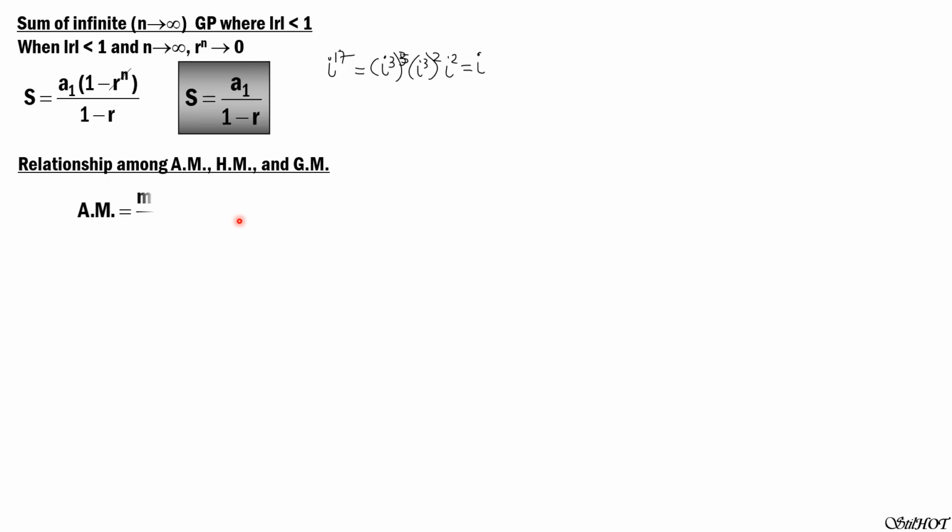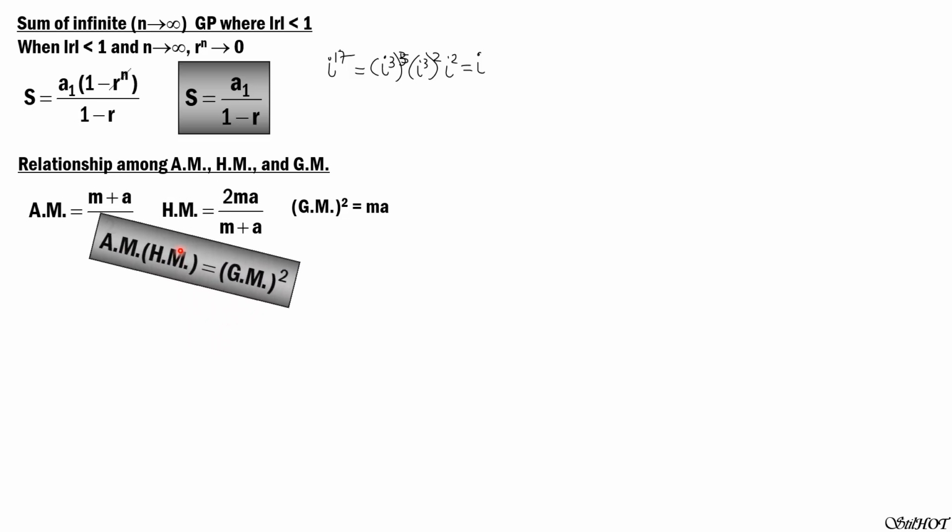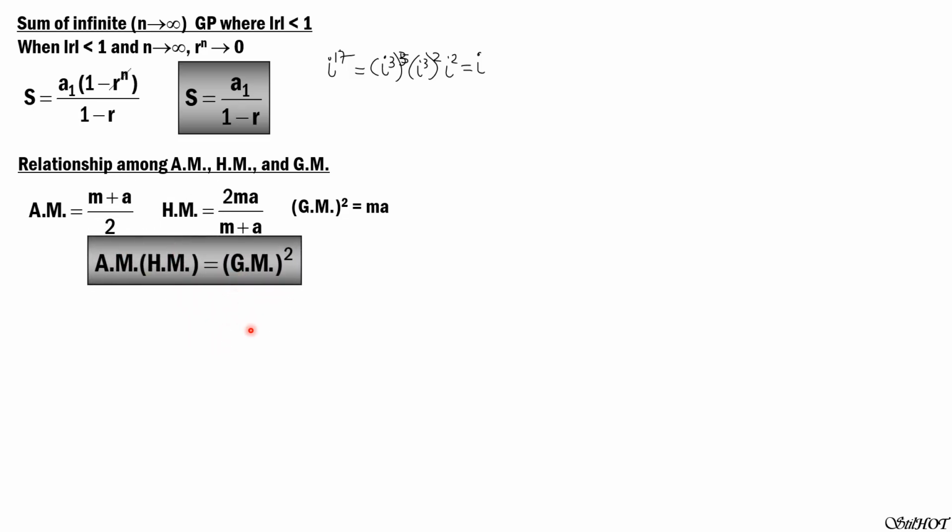The harmonic mean from the previous video or previous slide is 2na over n plus a, and the square of the geometric mean is equal to na. Notice that if we obtain the product of arithmetic mean and harmonic mean, the result would be na, which is this. Therefore, arithmetic mean times harmonic mean is equal to geometric mean squared. So that's the relationship among the means.